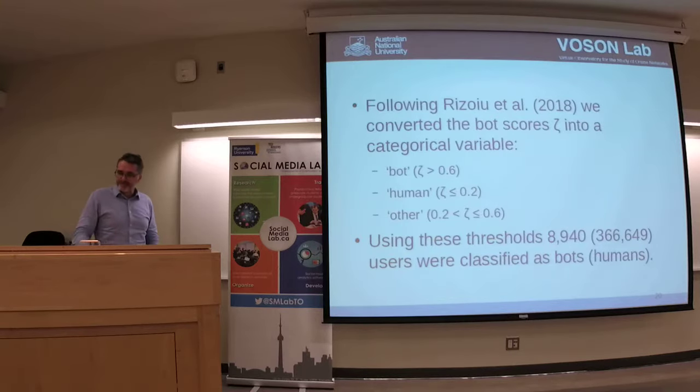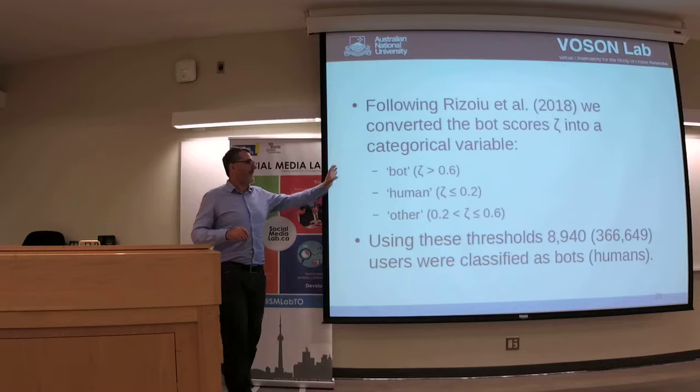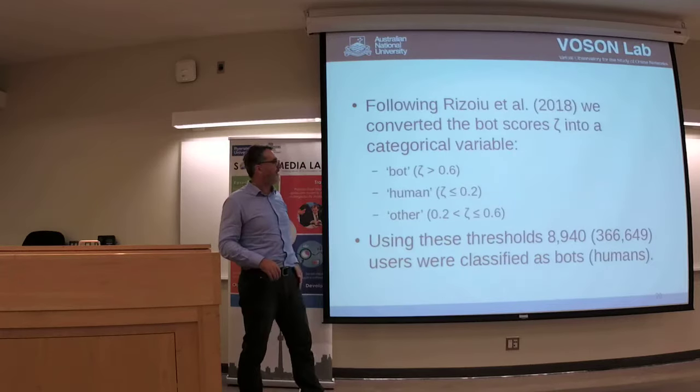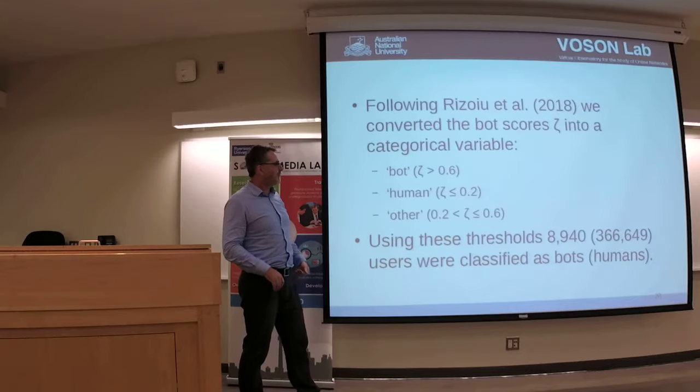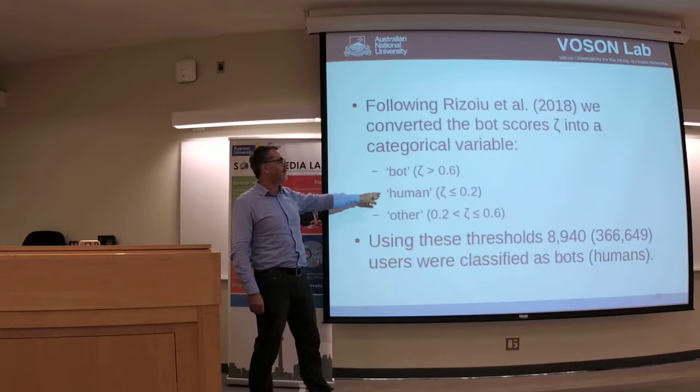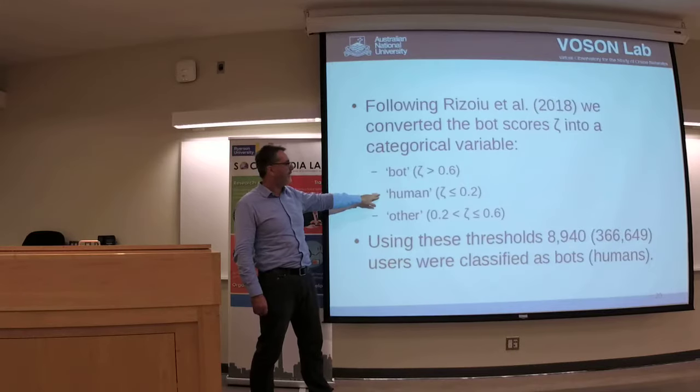Following what we did in the ICWSM paper, we converted the bot scores into a categorical variable where if the bot score is greater than 0.6, then they're classified as a bot. If it's less than or equal to 0.2, they're classified as human.